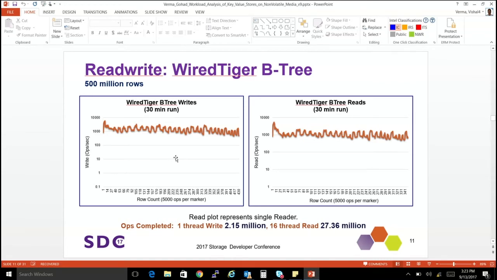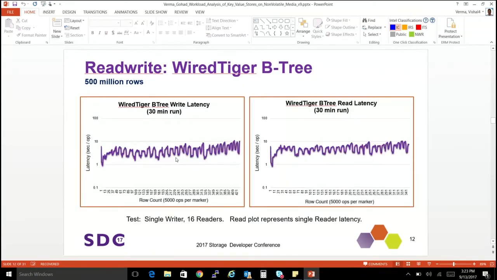The main thing we were looking at was how fast the write performance was and how fast the read was. So 2.15 million operations were completed from a single write thread, and the reads were pretty fast. That just tells us that the read performance tends to be pretty good with B-trees.